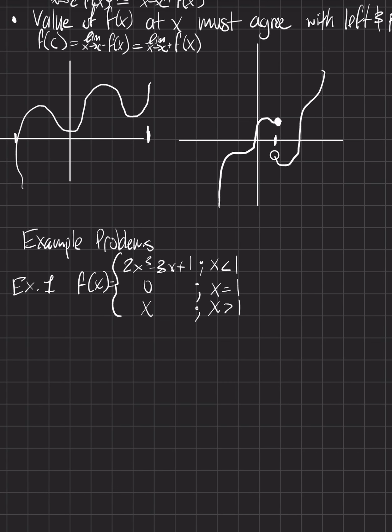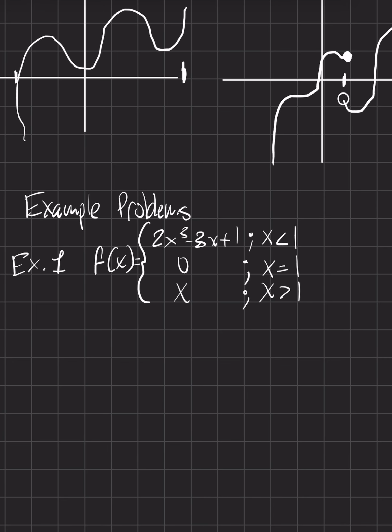So how we begin to start doing that is we write the limit as x approaches 1, from let's go with negative infinity to start off with, of f of x.